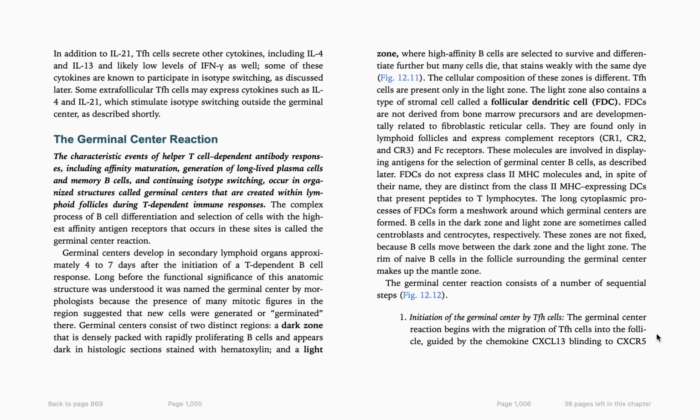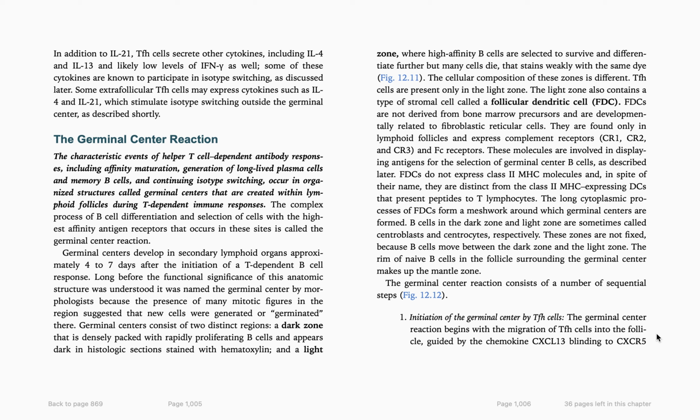B cells in dark zones and light zones are sometimes called centroblasts and centrocytes, respectively. These zones are not fixed, because B cells move between dark zones and light zones, and a rim of naive B cells in the follicle surrounding the germinal center makes up the mantle zone.